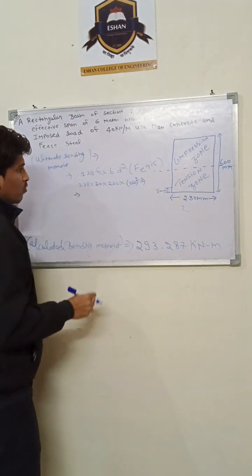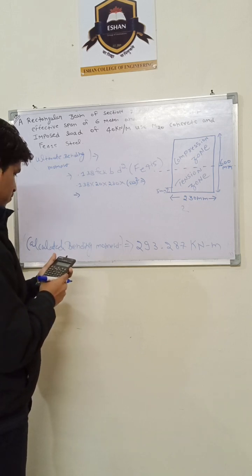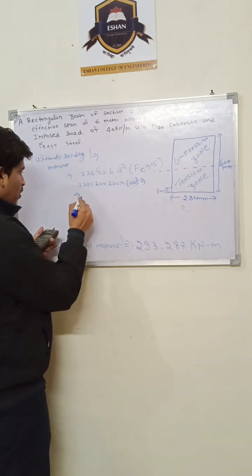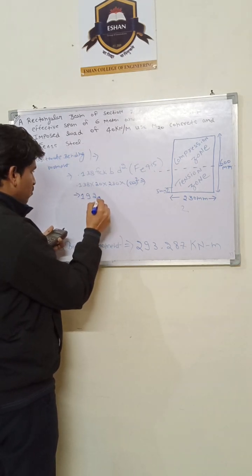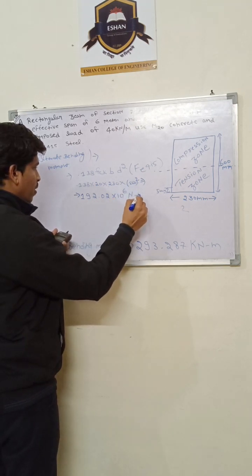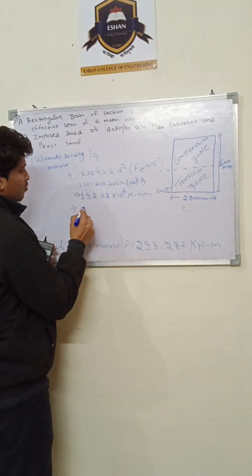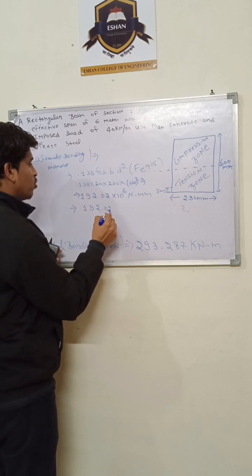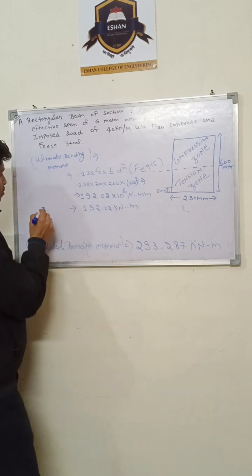When you calculate this value, you get 192.02 into 10 to the power 6 Newton mm. When you convert this value into kilonewton meter, you get 192.02 kilonewton meter. So this is the ultimate bending moment.